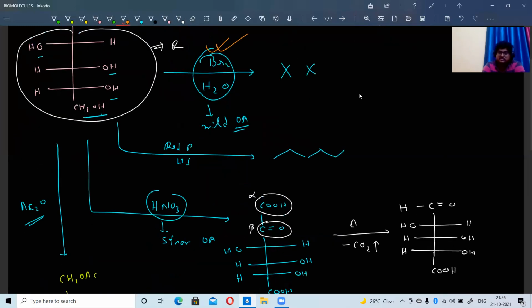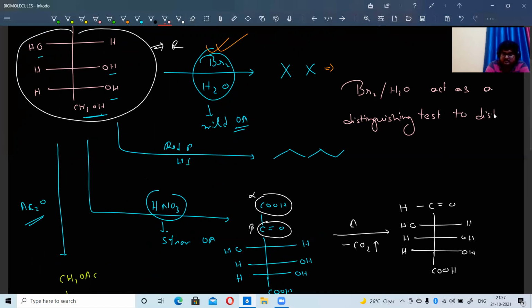So just write down this point also: bromine water acts as a distinguishing test to distinguish between glucose and fructose.